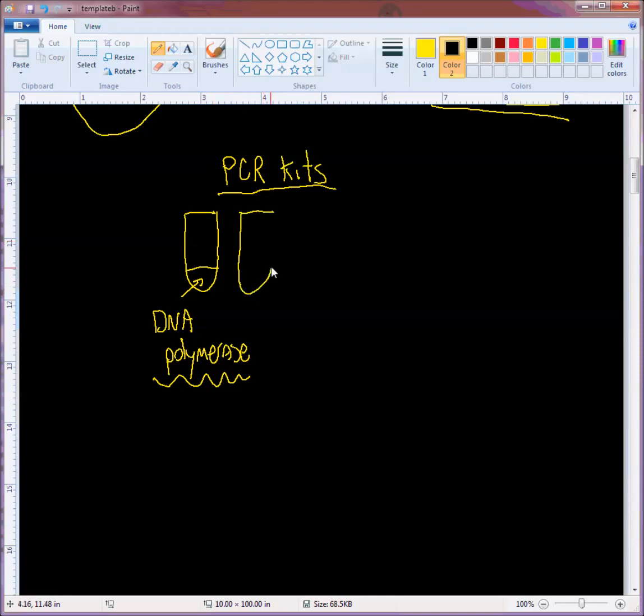We'll get another tube with buffer, so PCR buffer. So the DNA polymerase needs a certain salt concentration in order to work efficiently, and that's going to be supplied by the PCR buffer. Some of the nicer kits even come with a special ultra pure supply of water.